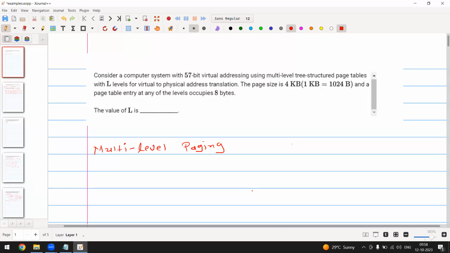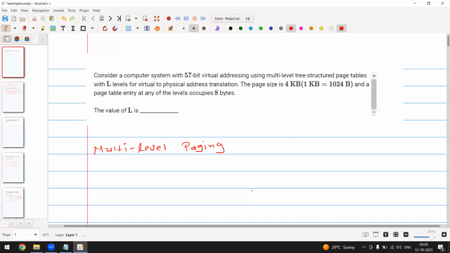But sometimes the page table size is very large. So instead of a single page table, we divide the page table into multiple levels.